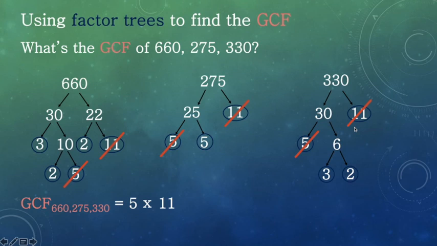Now we do have a 2 here from before and a 2 here, but again, because this one does not have a 2, we cannot do anything with it. All right, so we're left with 5 times 11 giving us 55 as a GCF between all three given numbers.